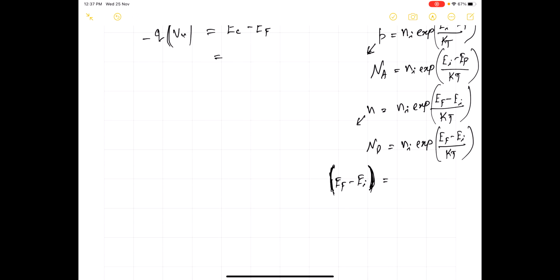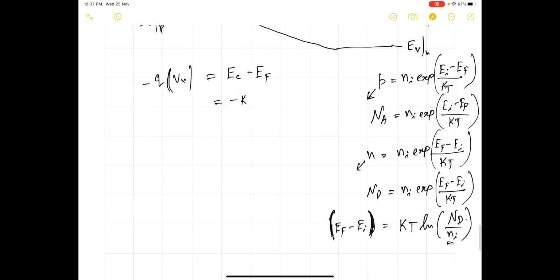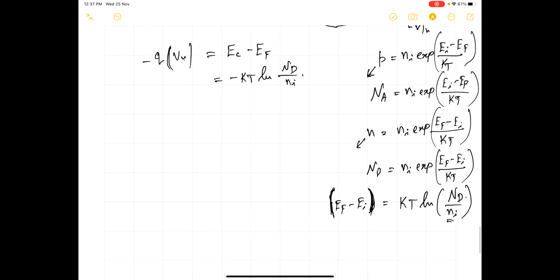Ef minus Ei equals Kt times log of Nd divided by Ni, where Ni is the intrinsic carrier concentration and Nd is the donor concentration. So this equals minus Kt times log of Nd by Ni. So what is the Vn value? Vn equals Kt by Q times log of Nd by Ni.